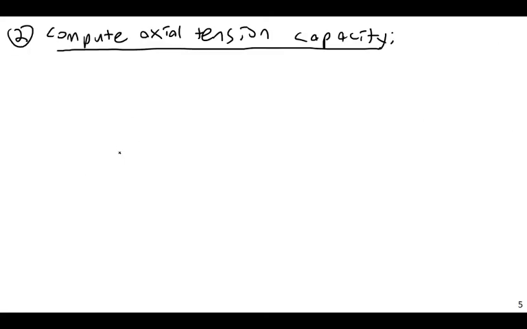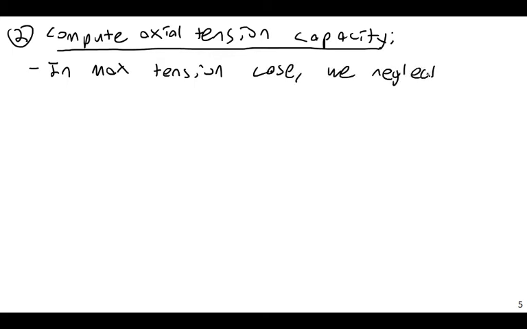So for max tension capacity, here we are going to neglect the tension in the concrete, as we always kind of do.